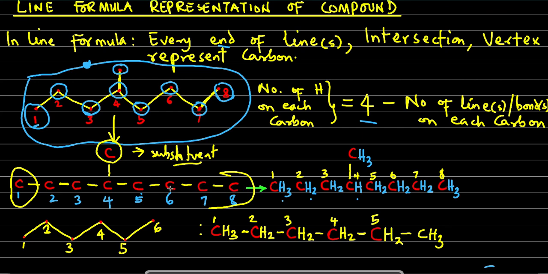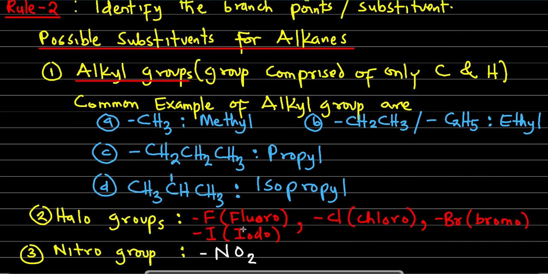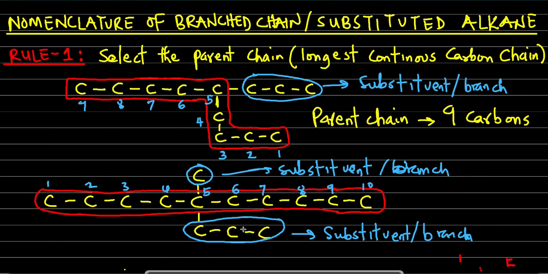Unlike carbon 7, carbon 6, and carbon 5, which have 2 lines, so 4 minus 2 will give us 2. So the terminal carbon is having CH3, whereas the middle carbons are having CH2, because the carbons here have two lines joining them to the two carbons at the side. So that was rule one.